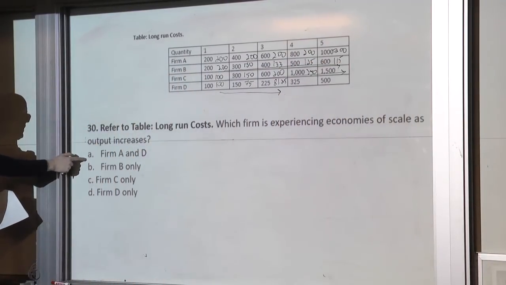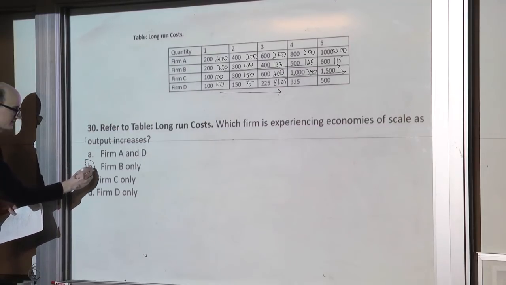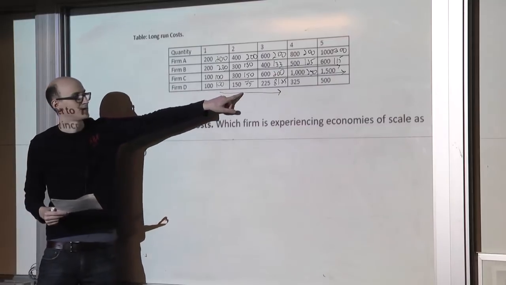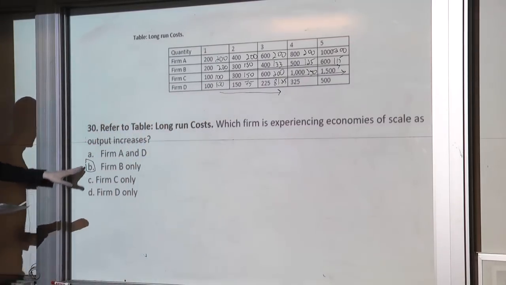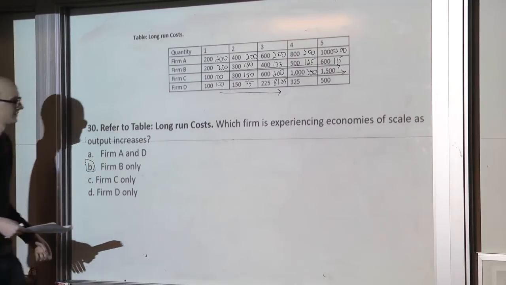So if we're looking for the best answer here, it would be B, because average total cost is falling everywhere where quantity is increasing. Firm D has economies of scale from 1 to 2, but not from 2 to 3, so that's a worse answer. We have no answer that combines B with D anyway.